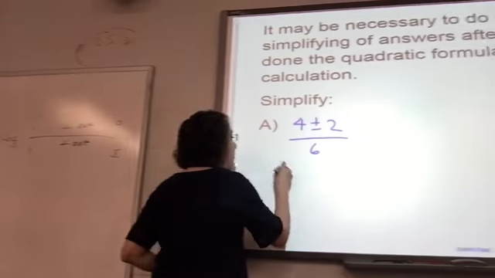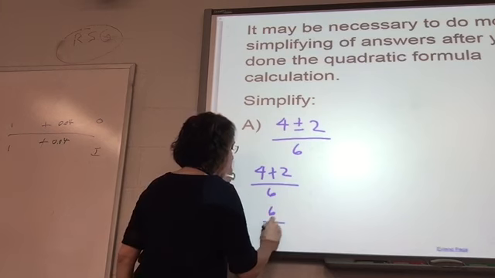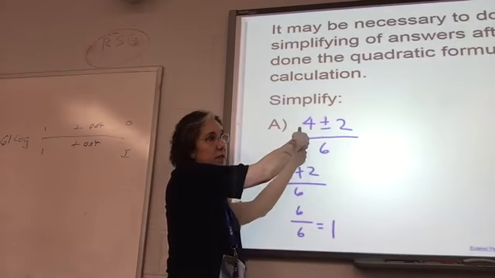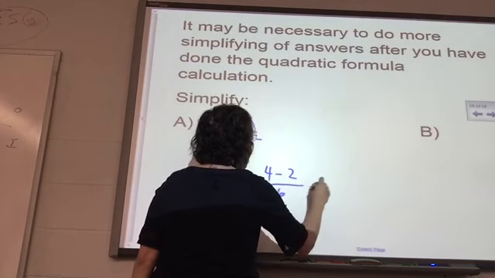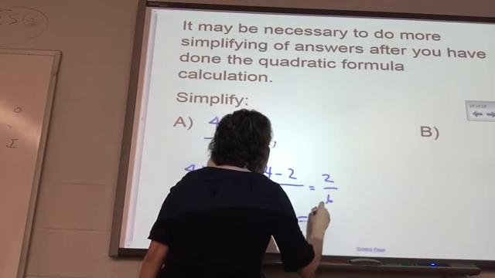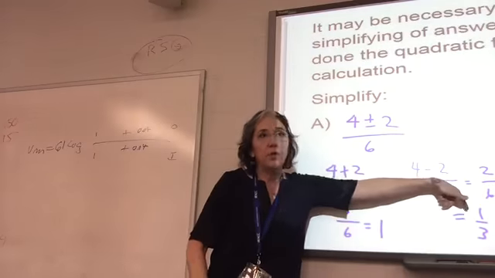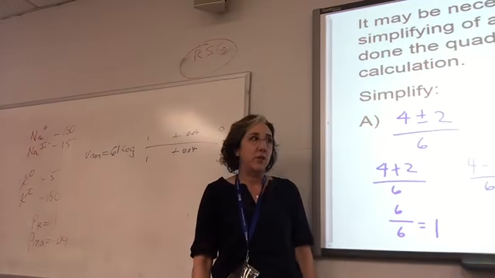That is one that would have factored. It's 4 plus 2 over 6, which is 6 over 6. So you should be writing 1, not this. Or 4 minus 2 over 6, which is 2 over 6, which reduces to 1/3. So that's one. Those are called rational numbers. If you get rational solutions in the quadratic formula, it would have factored.